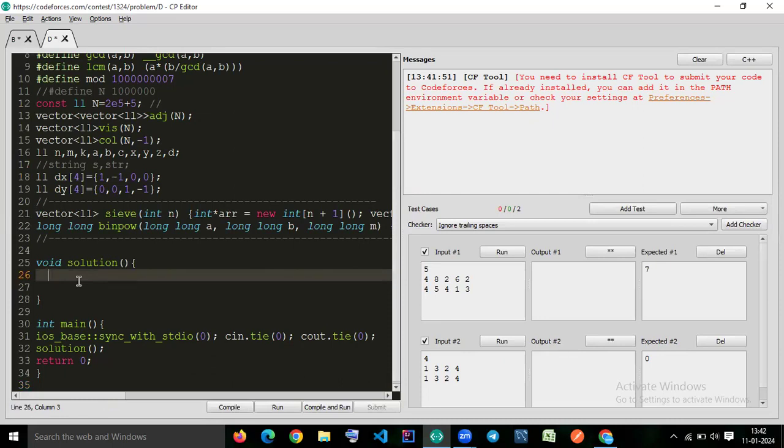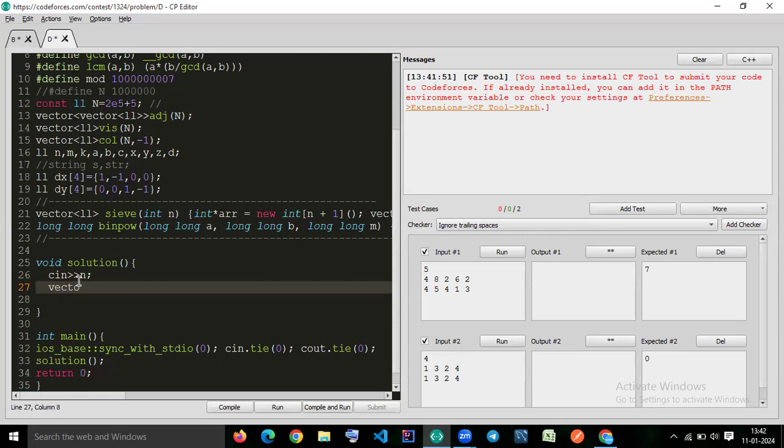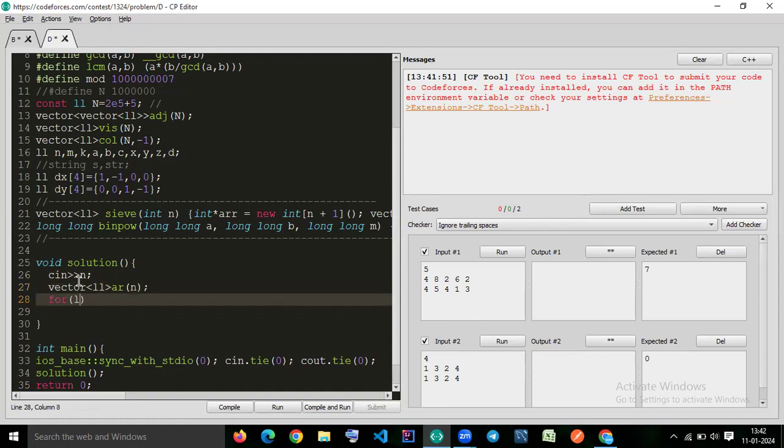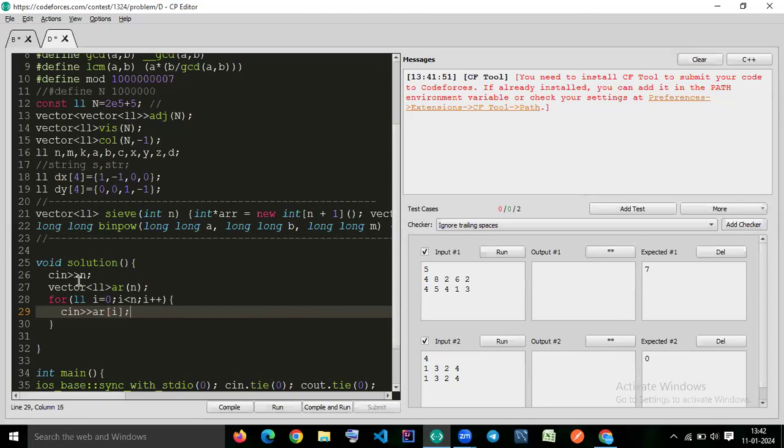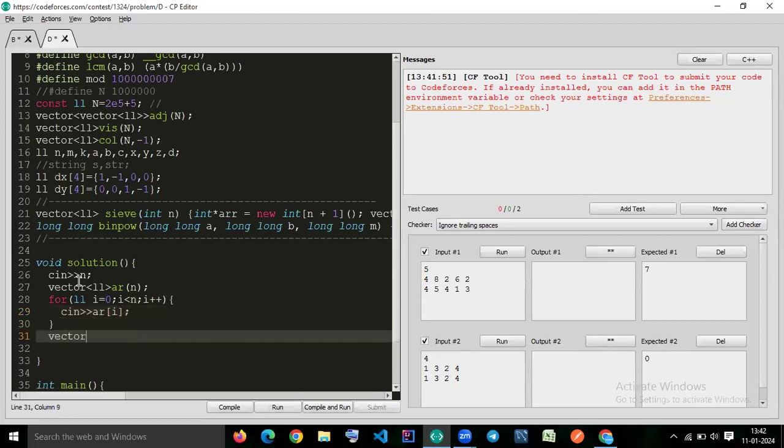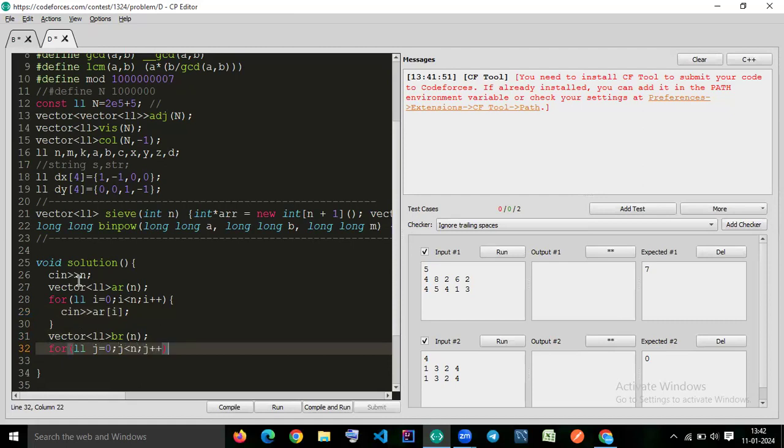You can ignore the negative part. Vector long long array A of n, for long long i equal to 0, i less than n, i plus plus, read array of i. Vector long long BR of n, for j equal to 0, j less than n, j plus plus, read BR of j.